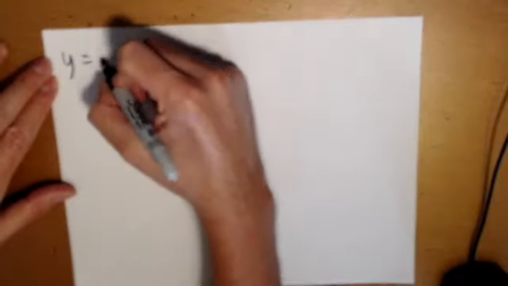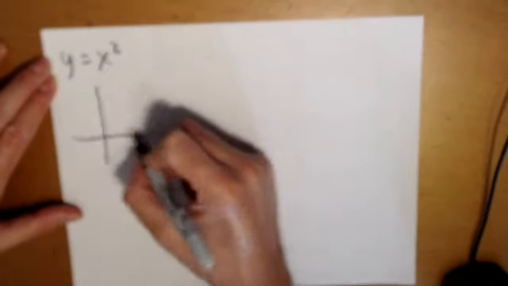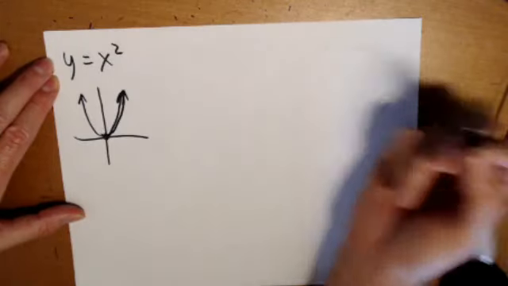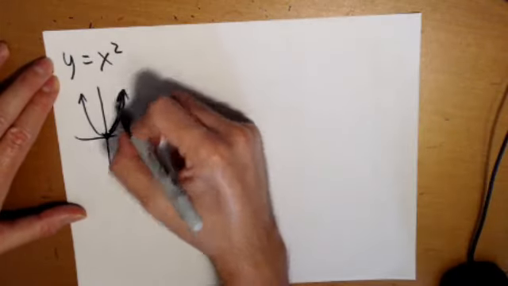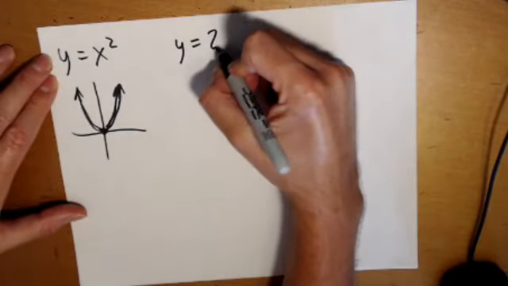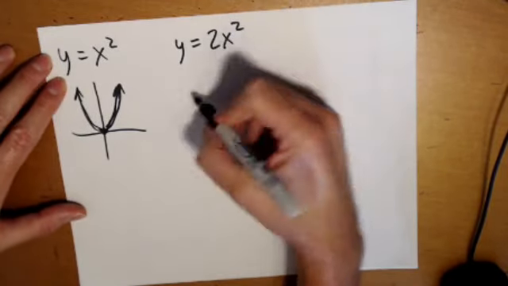Another idea. I like this section. I like graphing. Y is equal to x squared is just a normal looking parabola. Y equals 2x squared.